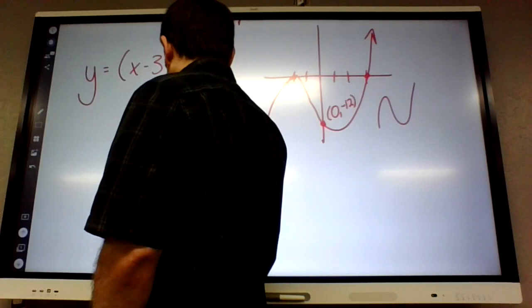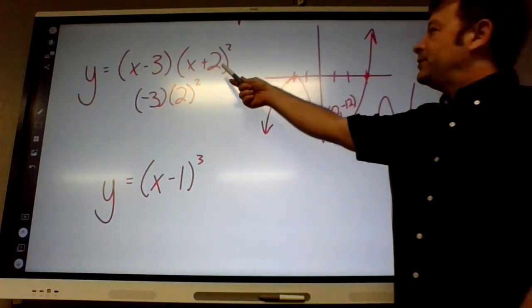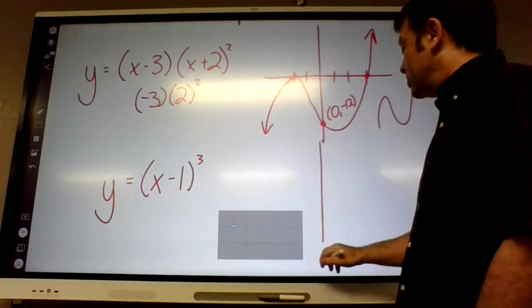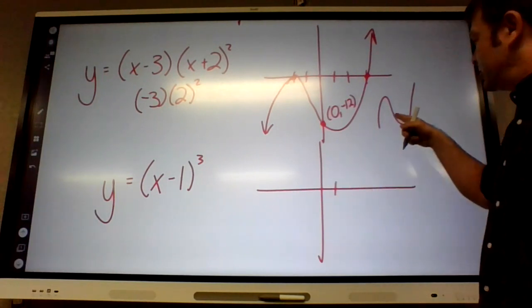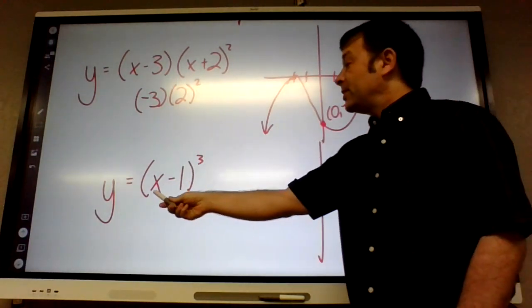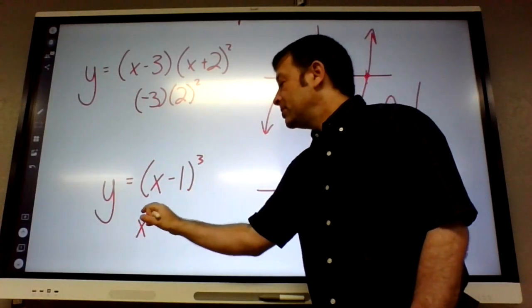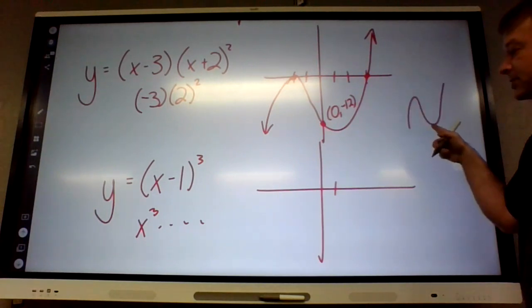Okay. So we had the double root, like -2 was a double root. This is a triple root at 1. So with a triple root, normally this would be a cubic function. If we did x times 1 times x times 1 times x times 1, we'd get x cubed, and so on. So normally it would look like this.